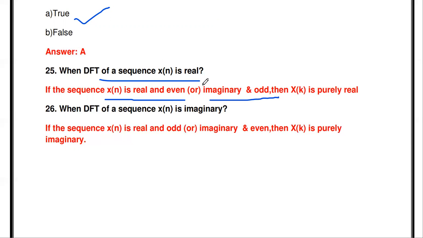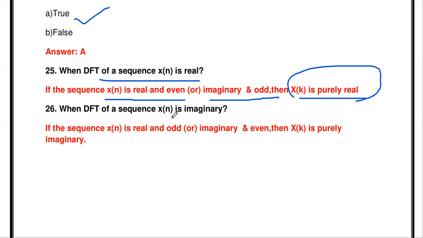Okay, if x of n satisfies these two conditions, at that time we will get the x of k value purely real. Okay, you just remember these are some of the important points. Whenever the input sequence x of n is real and even, or imaginary and odd, at that time we will get the x of k values purely real.